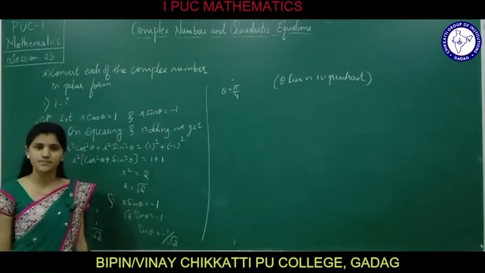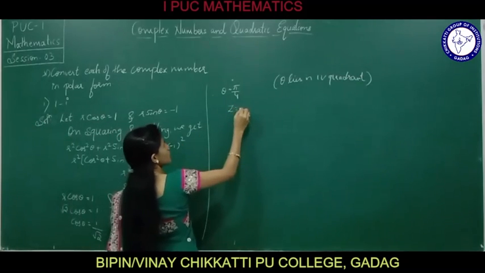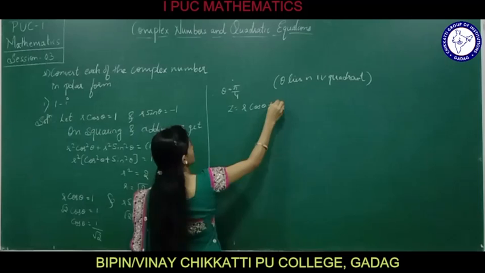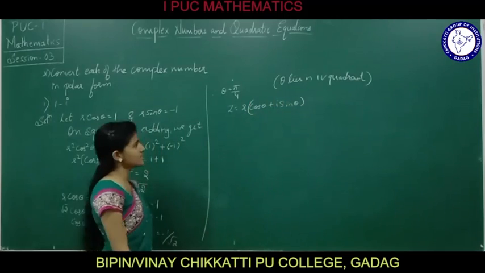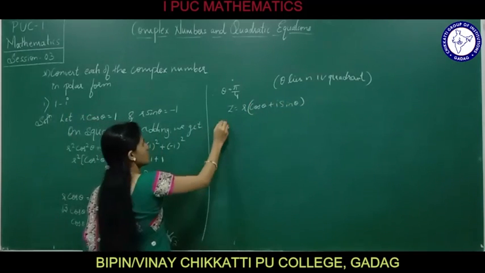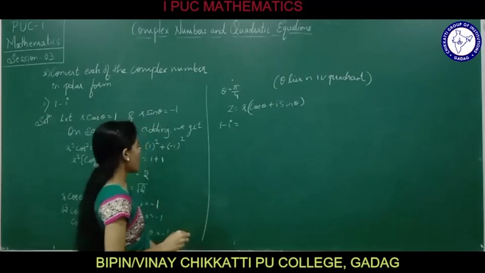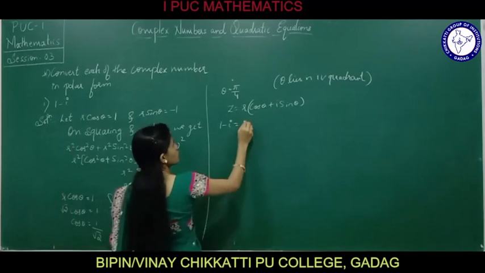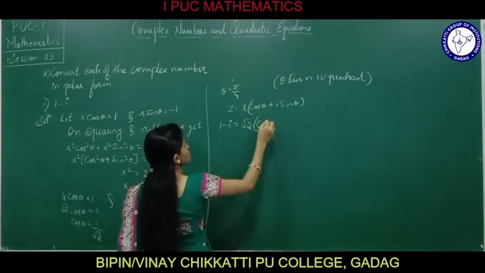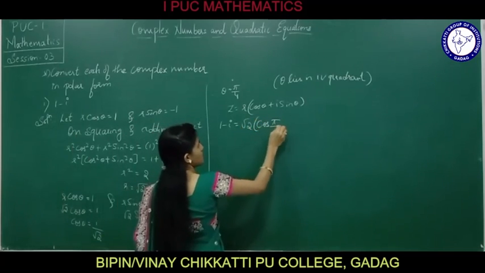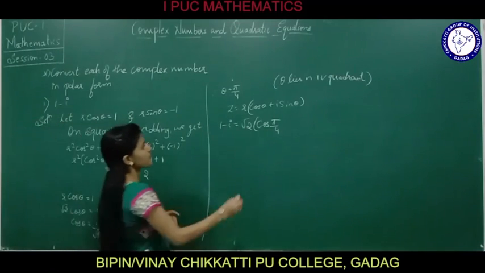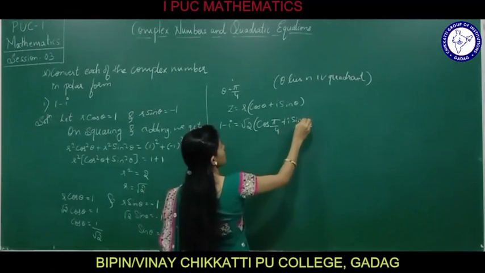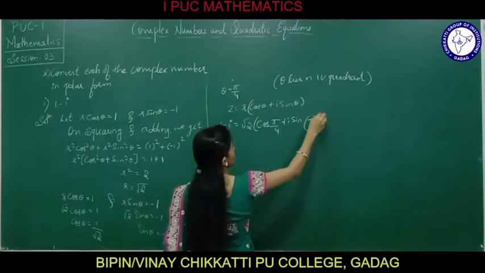Then we are supposed to represent it in the polar form. How are we going to write it? We have z is equal to r cos theta plus i sin theta. What is z given? They have given z as 1 minus i. I have r as root 2, cos of pi by 4, because theta I got the value as pi by 4, plus i into sine of minus pi by 4.